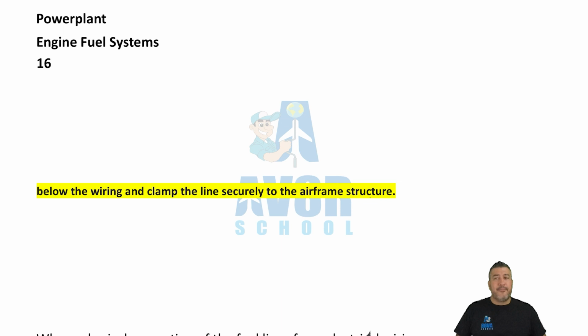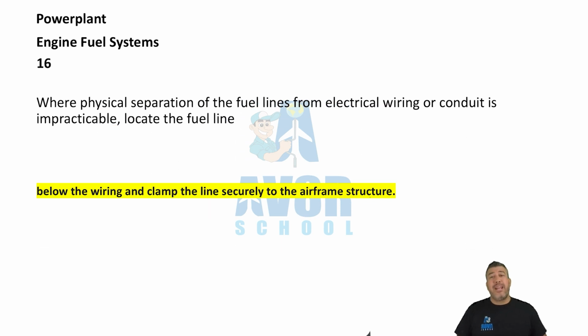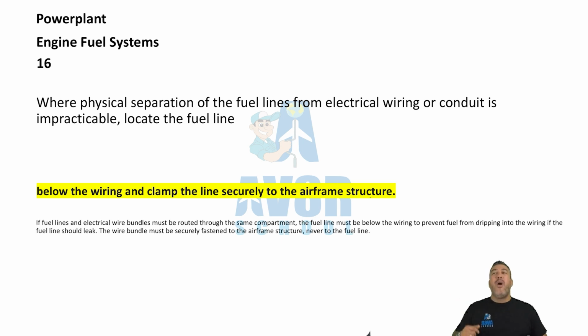Number 16, below the wiring and clamp the line securely to the airframe structure. What are they talking about? Where physical separation of fuel lines and electrical wiring or conduit is impracticable, locate the fuel line below the wiring. We saw that in electrical wiring.